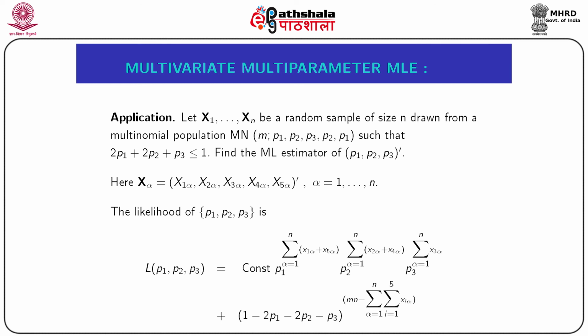Also here, any random sample observation vector x alpha curl is a 5-component vector whose components are x1 alpha, x2 alpha, x3 alpha, x4 alpha and x5 alpha.